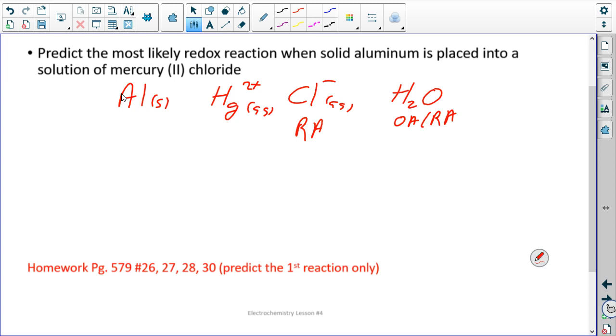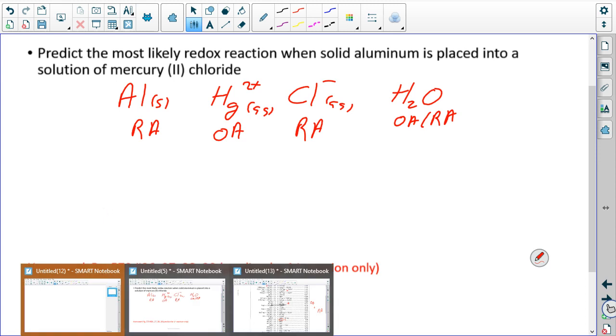Mercury 2. I actually have to hunt for this one because I use it so rarely. Mercury 2 is an OA near the top. Aluminum is an RA. So again, just go to your table, find them.